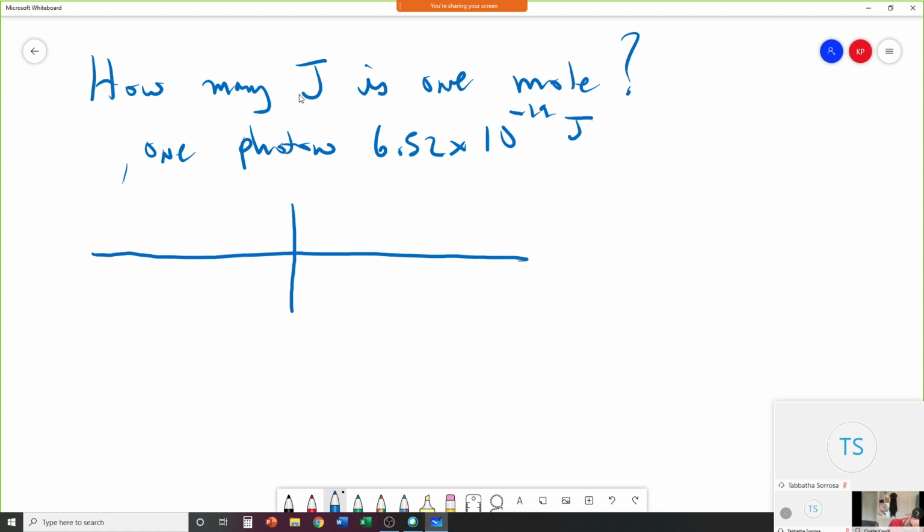And so this is how we do dimensional analysis, isn't it? We draw a line, we draw another line, and we say 6.52 times 10 to the minus 19 joules, okay? And this is per photon. This is joules per photon, okay?